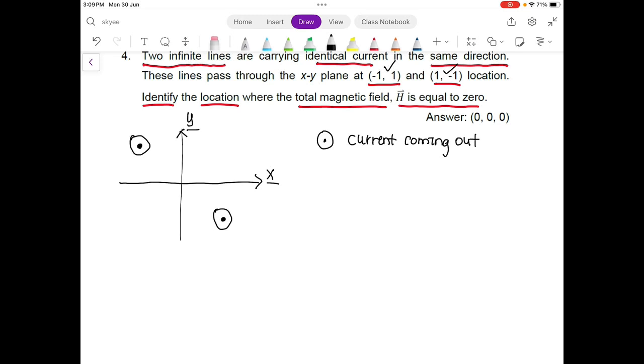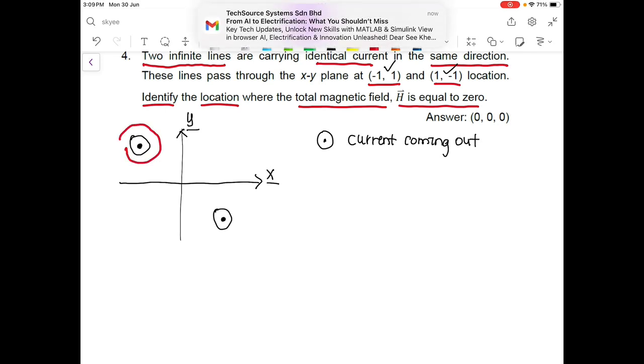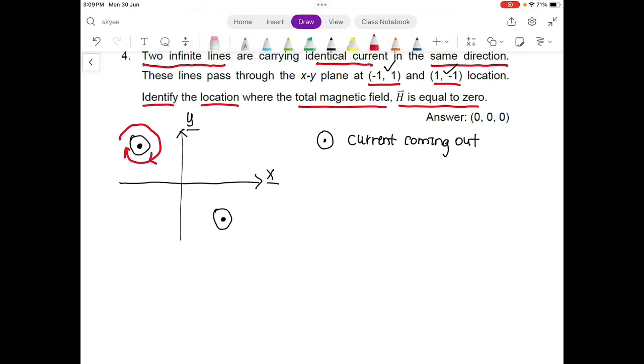When you have current flow, you can use your right hand rule to determine the direction of your magnetic field. For example, for the first current element, according to the right hand rule, your magnetic field will appear in this direction. And for the second current line, your magnetic field will be in this direction.